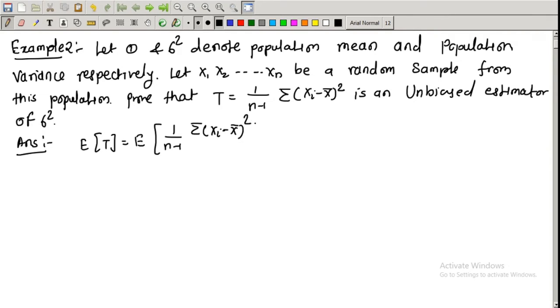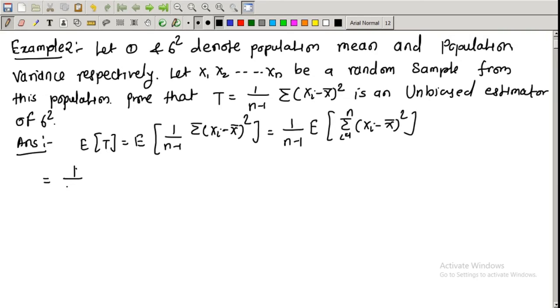bar whole square. 1 upon n minus 1 is a constant, take it outside the summation. Expectation of summation over i going from 1 to n of xi minus x bar whole square. So first we square this bracket and then we take expectation inside.